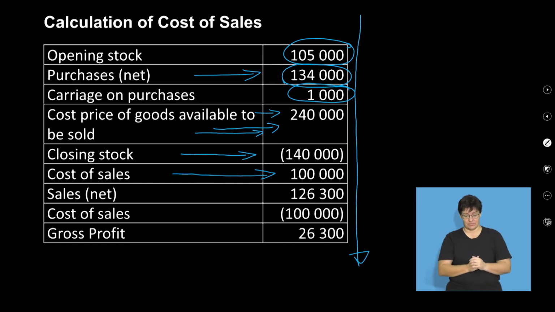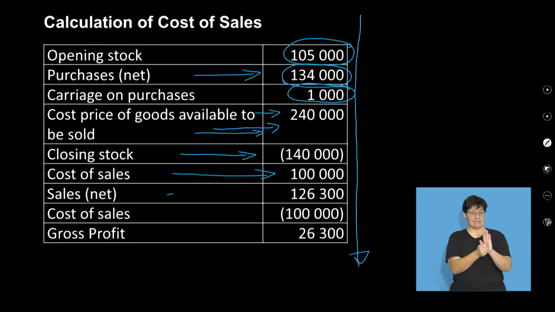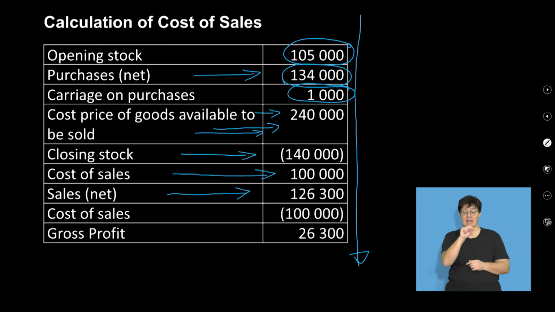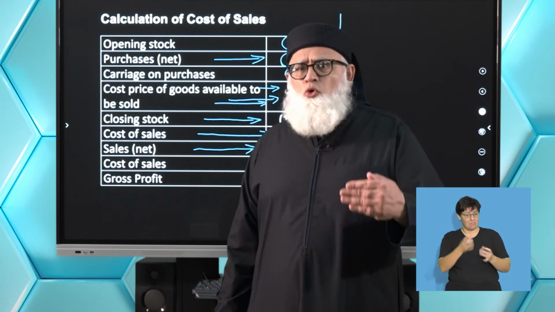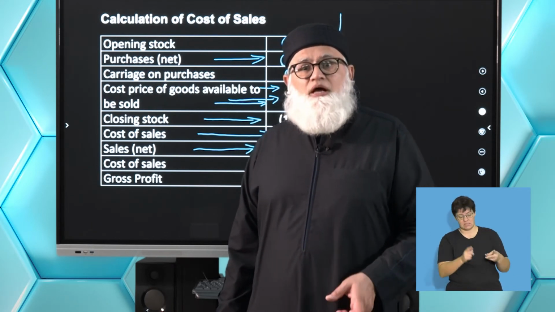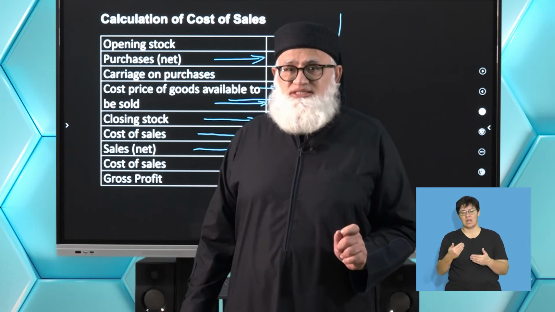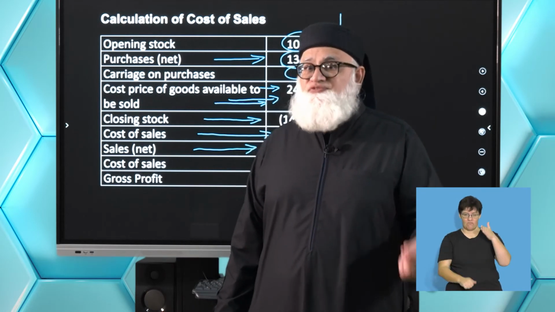Okay, continuing with my calculation. If I now am asked to calculate the gross profit, I know that my gross profit is what? It's my sales. Again, when we say net sales, what are we referring to? It is sales less debtors allowances. Another examination tip for you. Whenever you are doing a question, whether it be financial statements or periodic inventory, the moment you see debtors allowances, the first thing that you do is you subtract it from your sales figure.